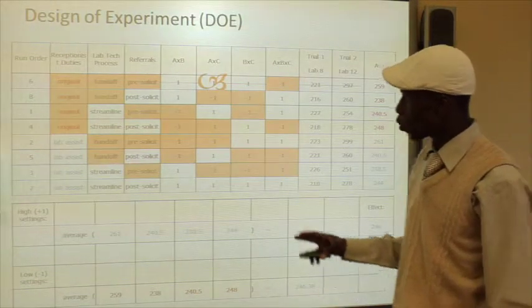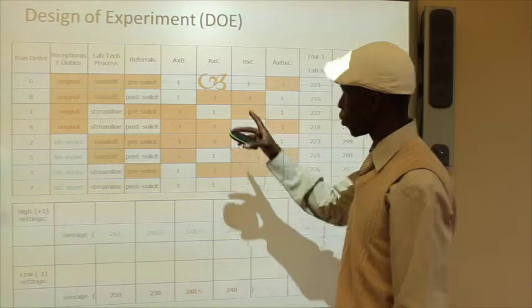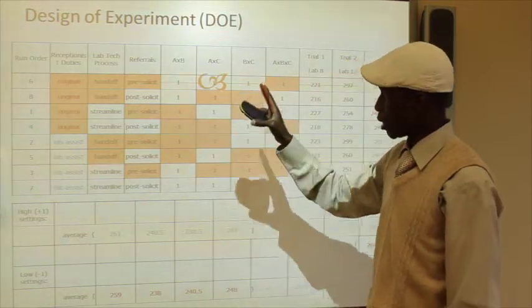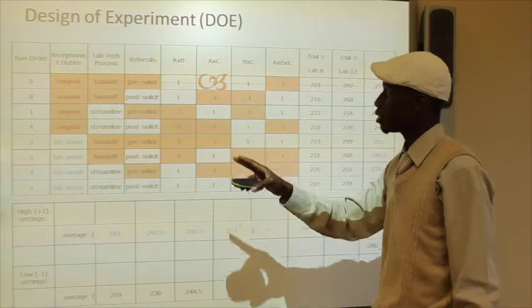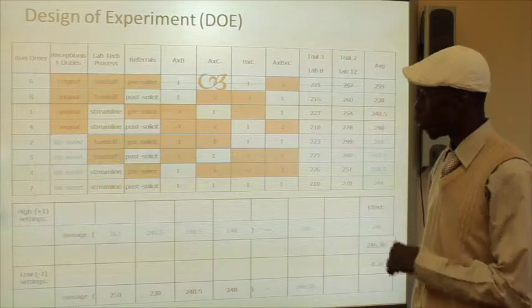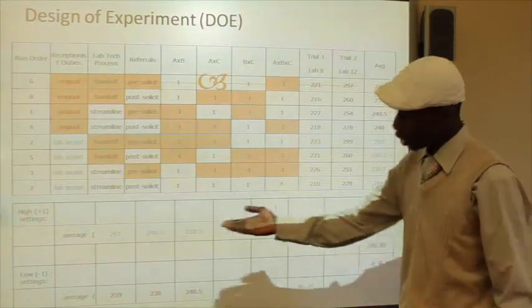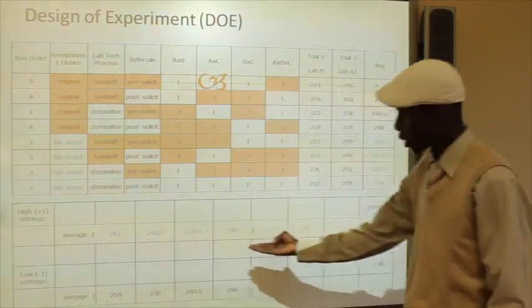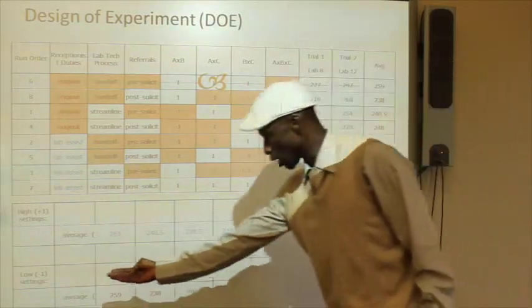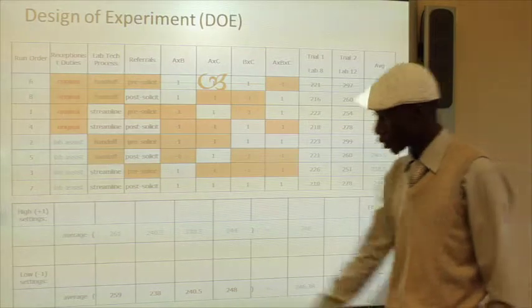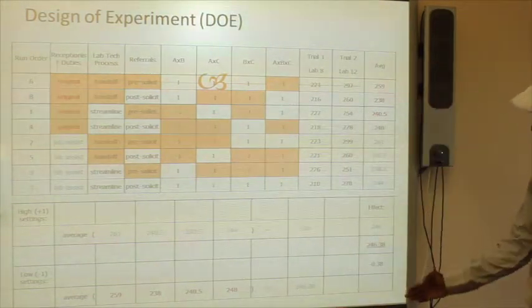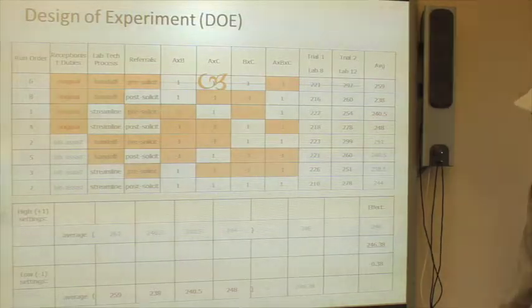And one thing here you have to know is that the plus 1 actually means the high setting, where the minus 1 means the low setting. Here is the calculation of the average for the high settings, and here is the calculation of the average for the low settings, and by the end we actually get the effect.